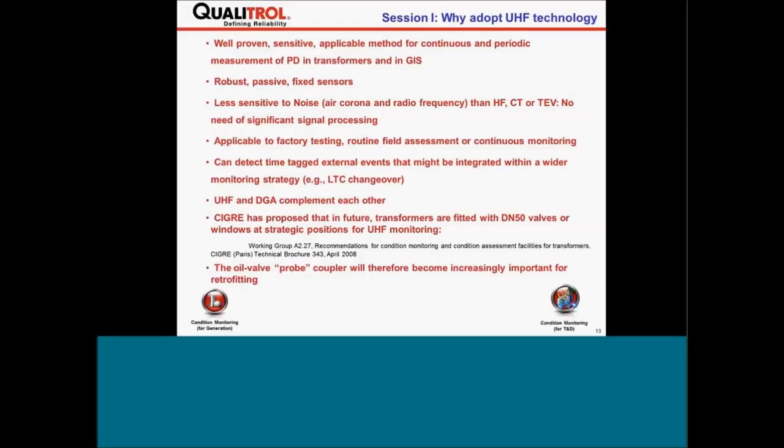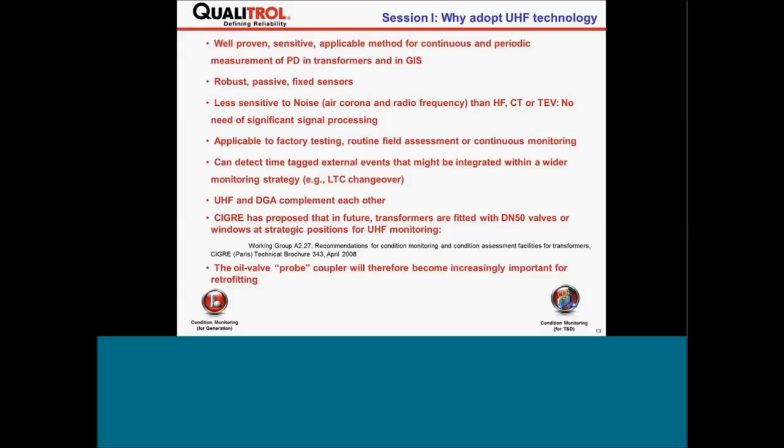Why adopt the UHF technology? Well, it's a well-proven technique. It's very sensitive. It's applicable both for continuous and periodic measurements. You don't need a lot of sensors on the transformer to detect the PD.